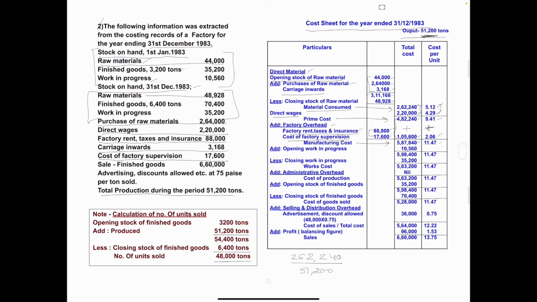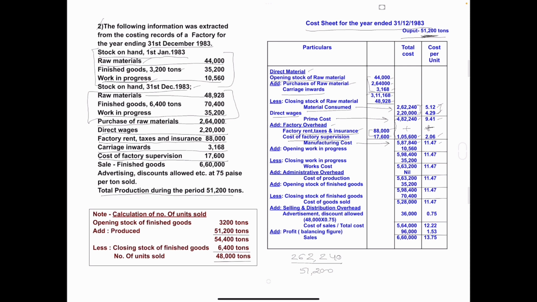To that we have to add opening work in progress and less closing work in progress. In this problem they have given opening work in progress, that is on 1st Jan, 10,560 and the closing work in progress is 35,200.